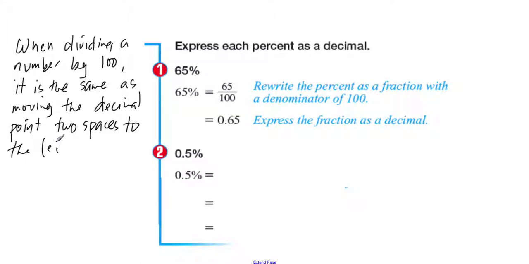Okay? So let's use that little shortcut. 65% is the same as 0.65.